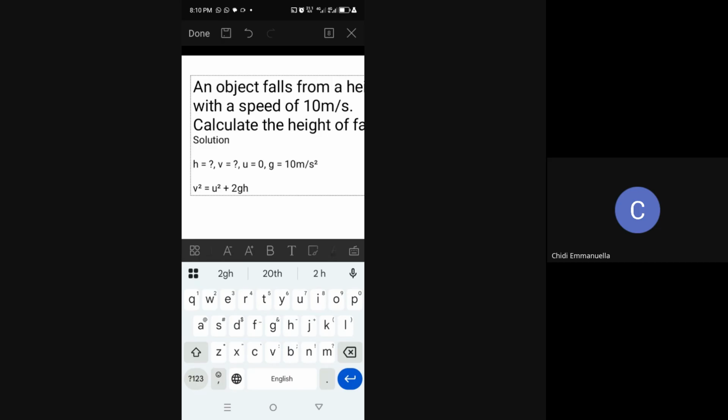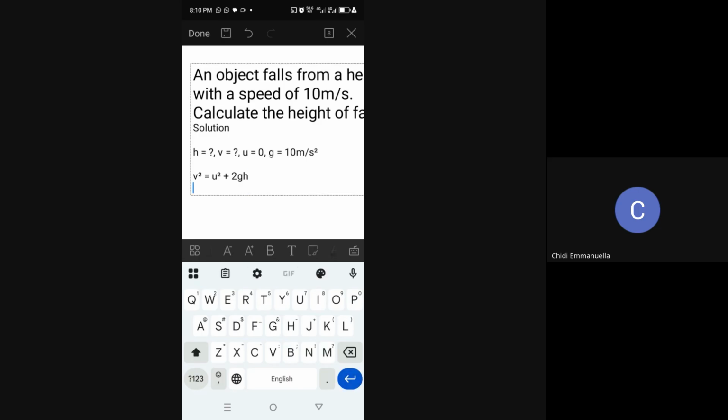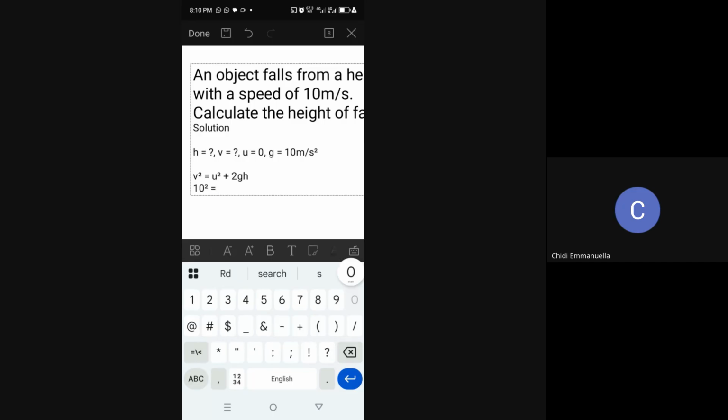When does it become negative? When the object is at maximum. It is negative when it is going against gravity.